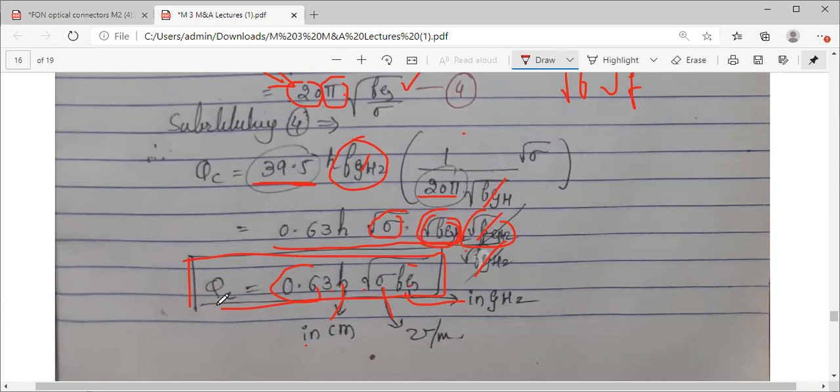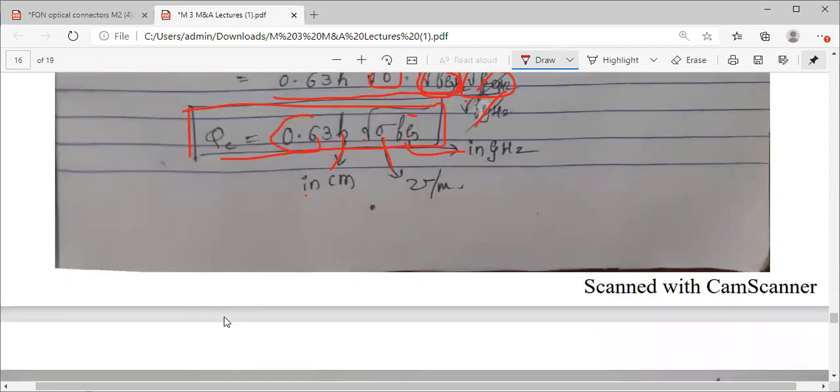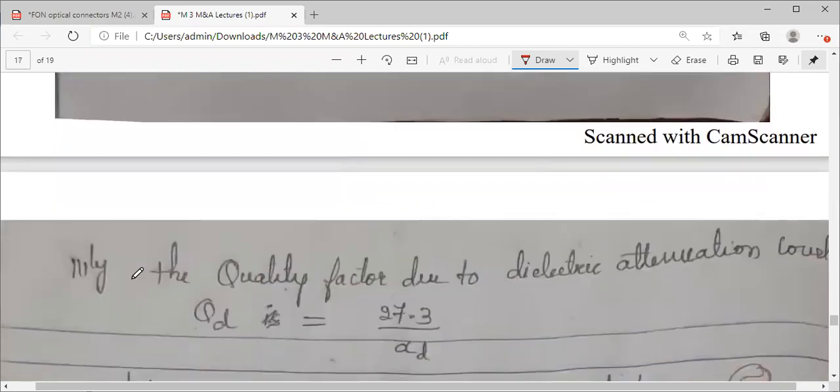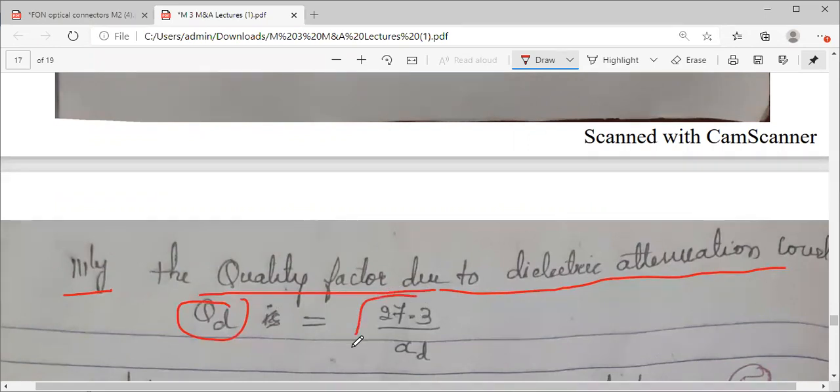Similarly, I can write the quality factor equation if you consider the dielectric attenuation alpha d. So the quality factor due to the dielectric attenuation constant, QD, is similar: 27.3 divided by alpha d.